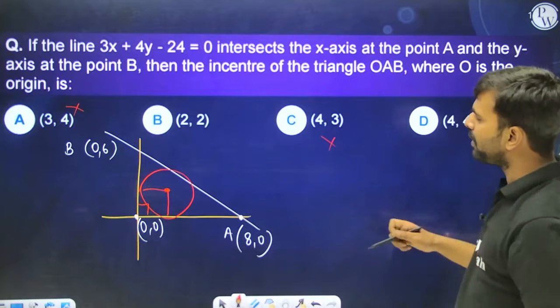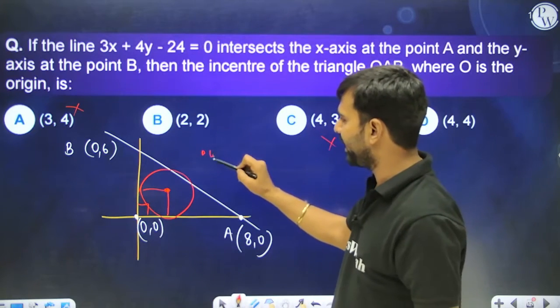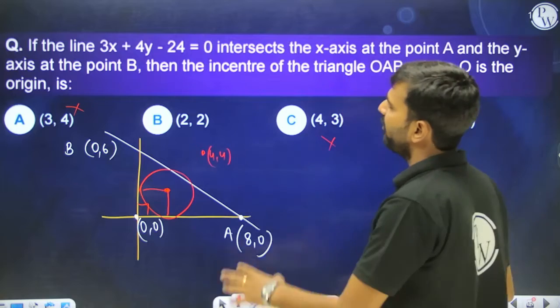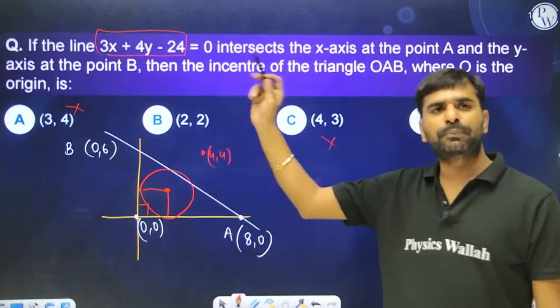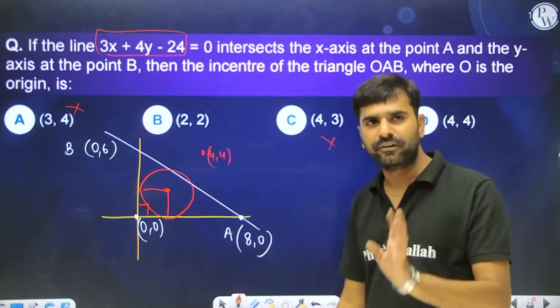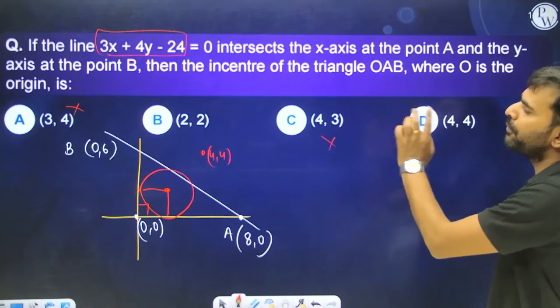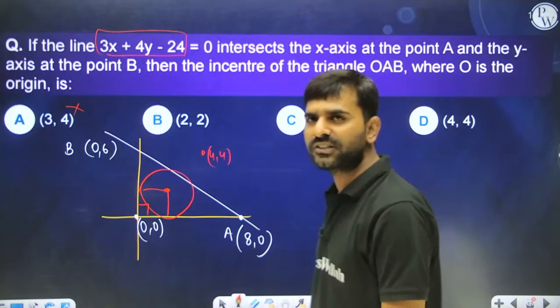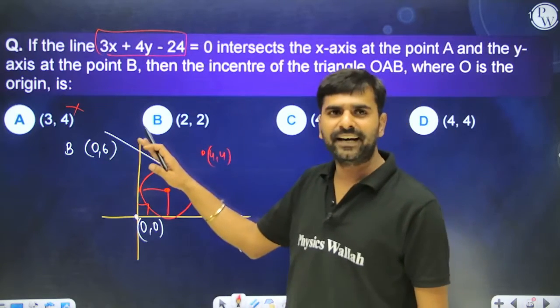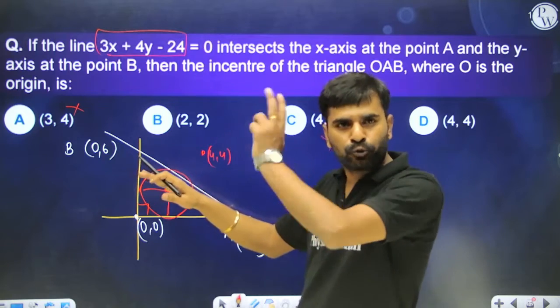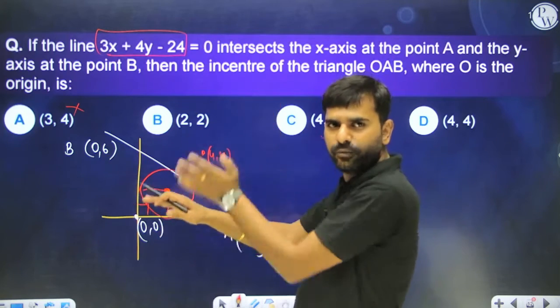Yes, (4, 4) will be lying above the straight line. How do we know? If you put (0, 0) into this expression, it gives a negative value, whereas if you put (4, 4), it gives a positive value. So this straight line divides the plane into two parts: one above the straight line and one below it.